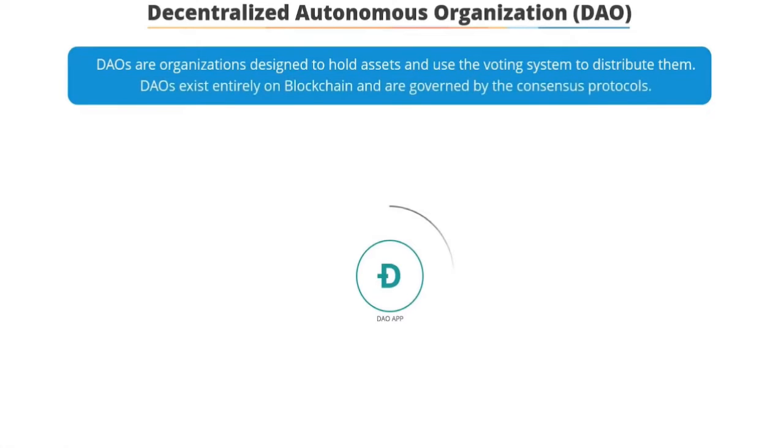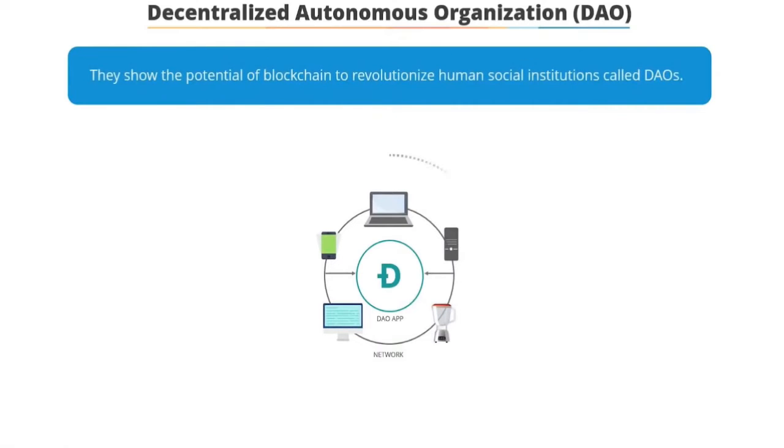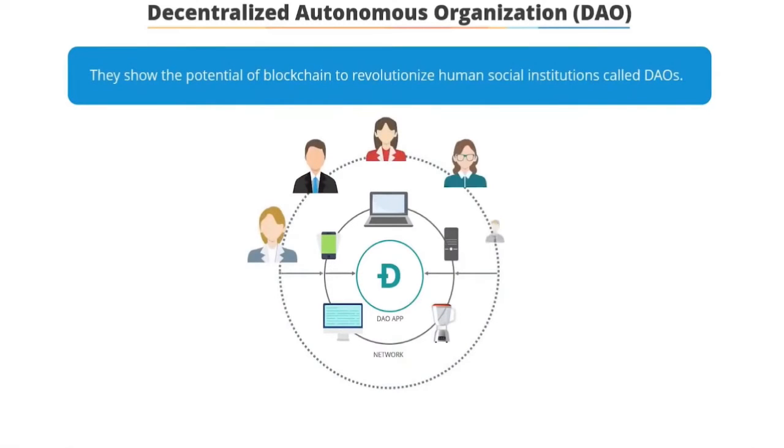They exist entirely on blockchain and are governed by consensus protocols. They show the potential of blockchain to revolutionize human social institutions. A DAO is an organization run by rules agreed through a consensus process among its members and written in a set of contracts run via a blockchain.